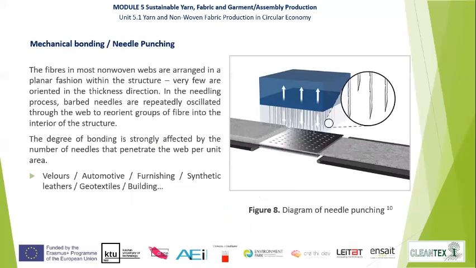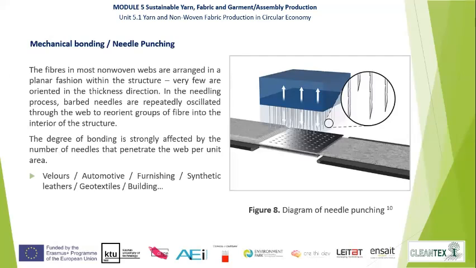We will go now through the bonding processes, and the first mechanical process is the needle punching. In most nonwovens, the fibers are arranged in a planar fashion within the structure.